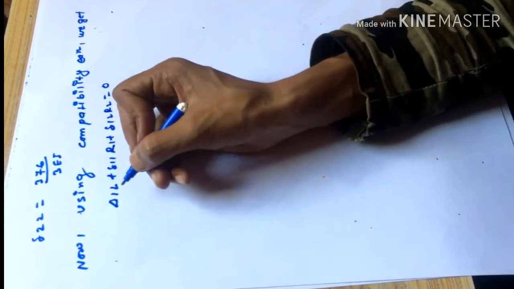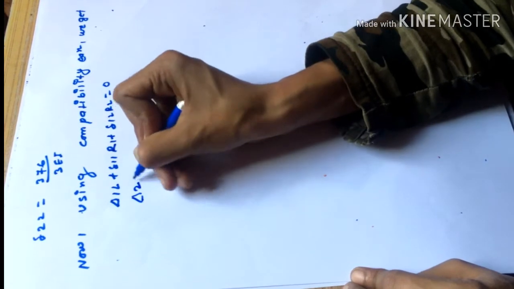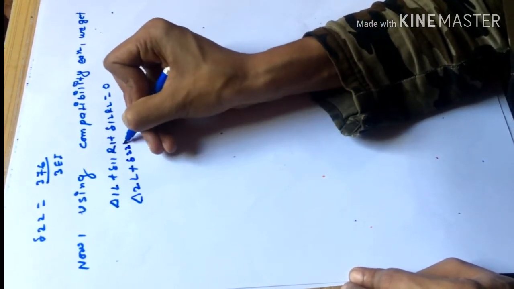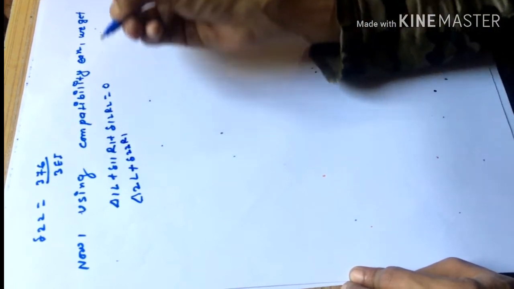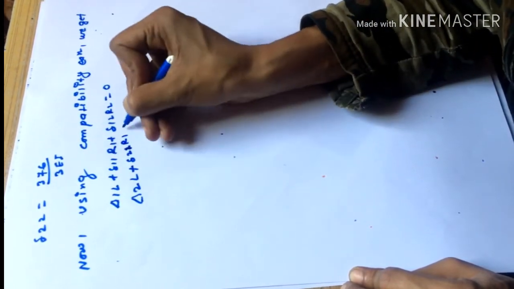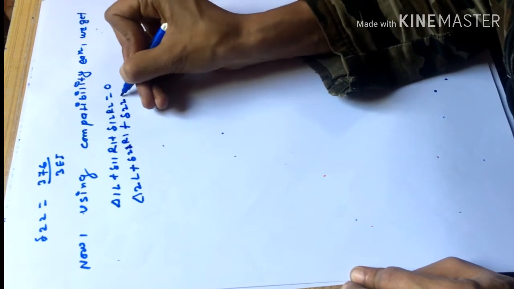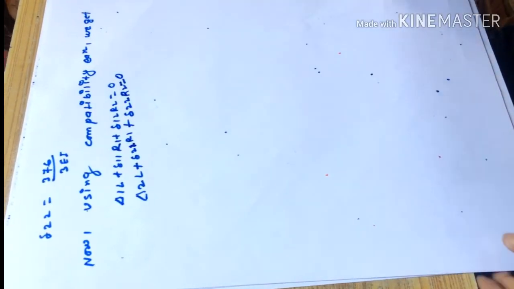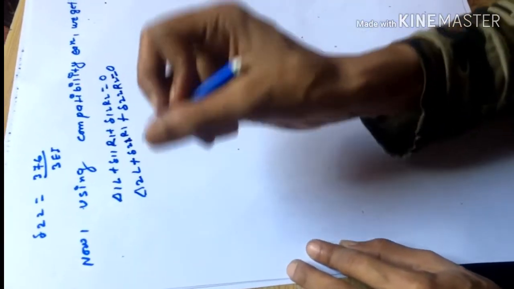So also del 2L plus del 21 r1 plus del 22 r2 is equal to 0. Now substitute all these values.